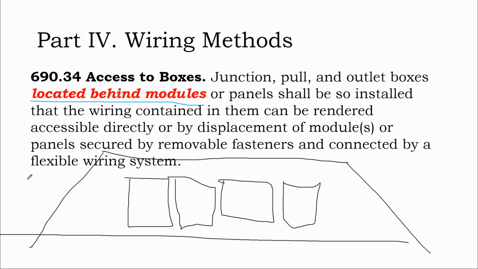And the question is, when you make this transition with your box, do you have to put the box outside the array and then run conduit to it and then drill into the roof from there? The answer is no. You are allowed to obstruct this box by putting it underneath the solar array.